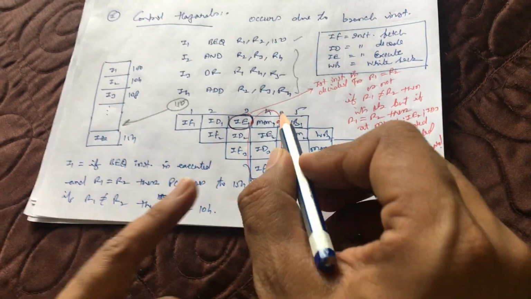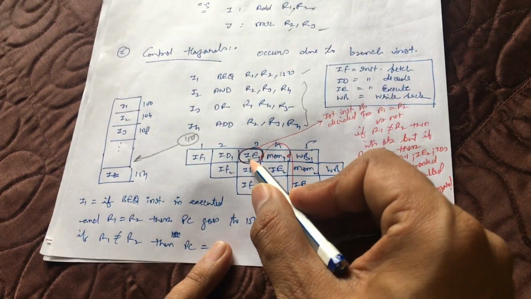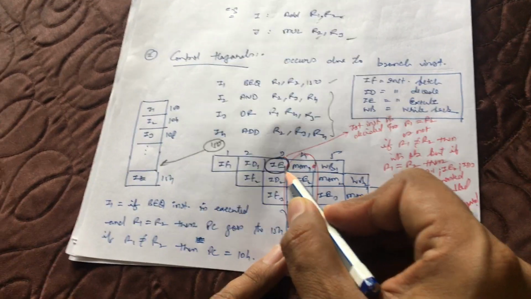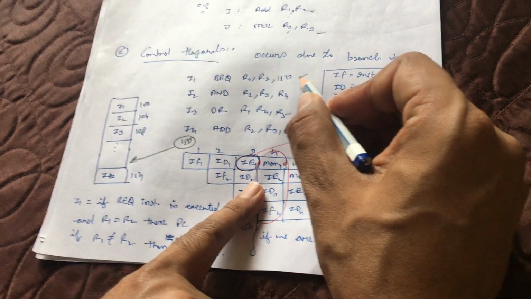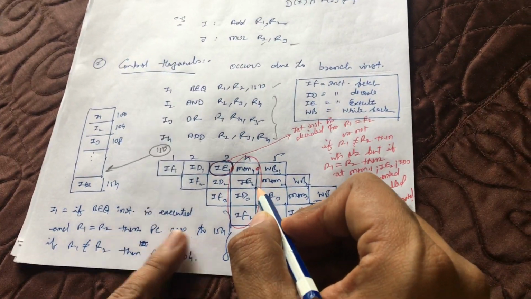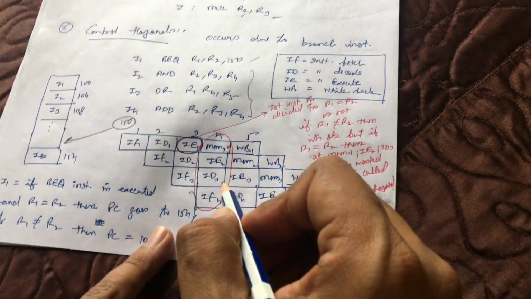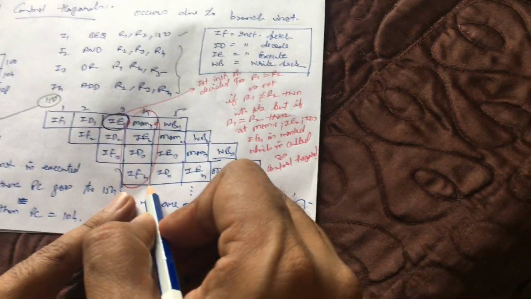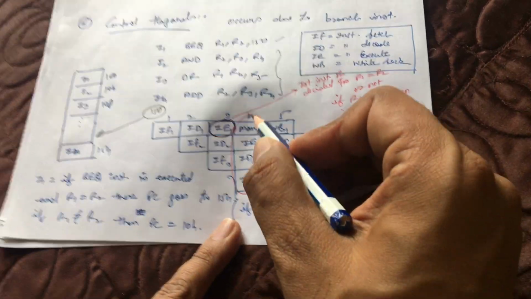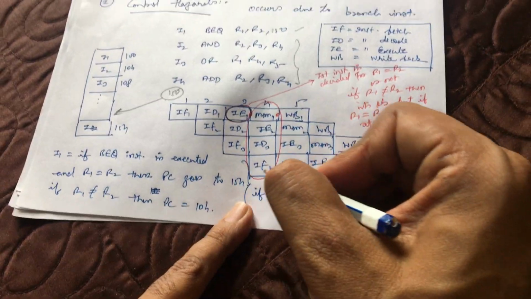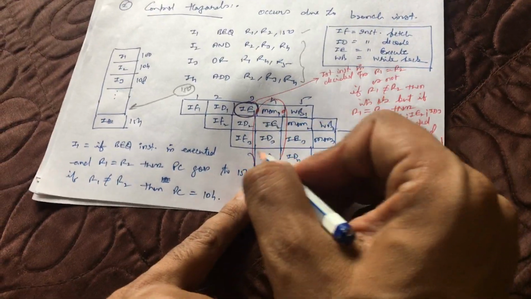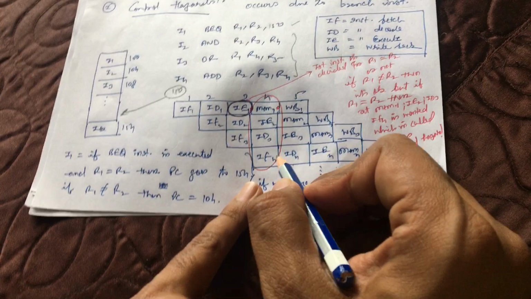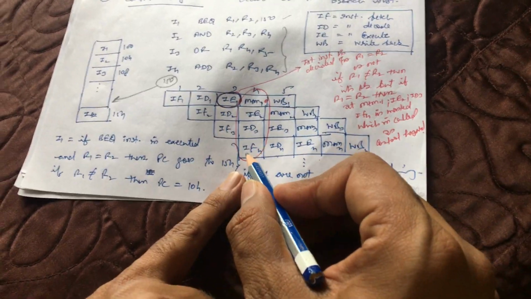But if at the first step this condition becomes true, then we are working on these 3 instructions. That means, after executing the first instruction and the second, I get to know that they are equal, then the execution step of the second, the decoding step of the third and the fetch step of the fourth instruction become waste. And this kind of wastage of resources, in case of a branch instruction, is called control hazards.